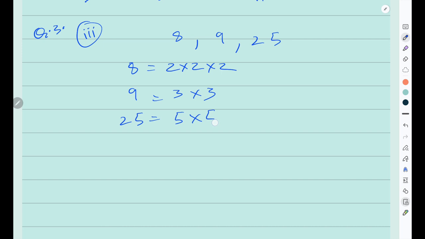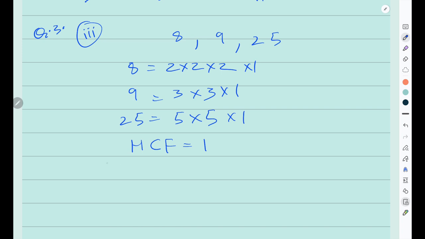Can you see any number which is a common factor? No, there is nothing. It's just 1 and nothing else. Okay, so the HCF, highest common factor, is nothing but 1.